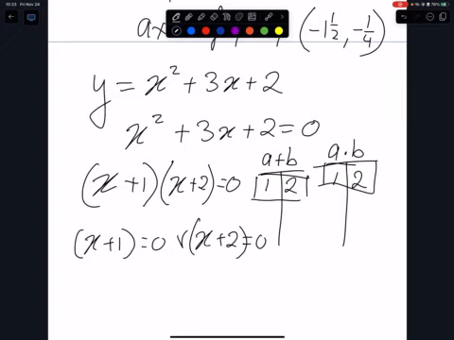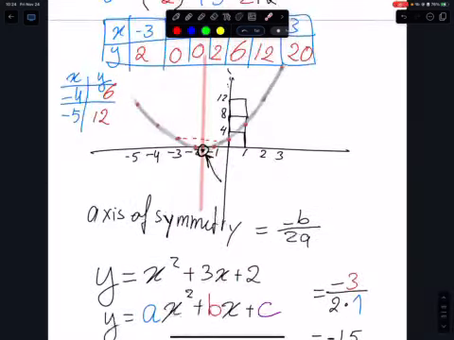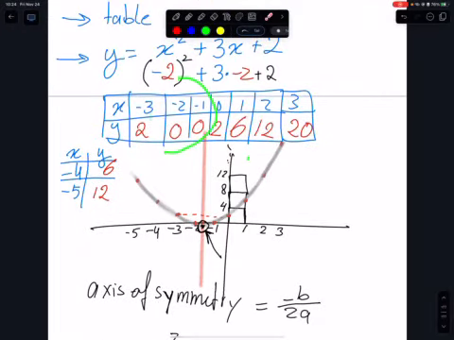One of them is 0, or else the equation cannot be 0. So x is either -1 or -2.